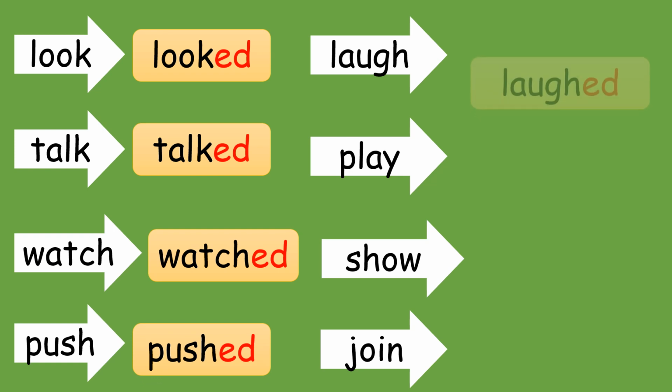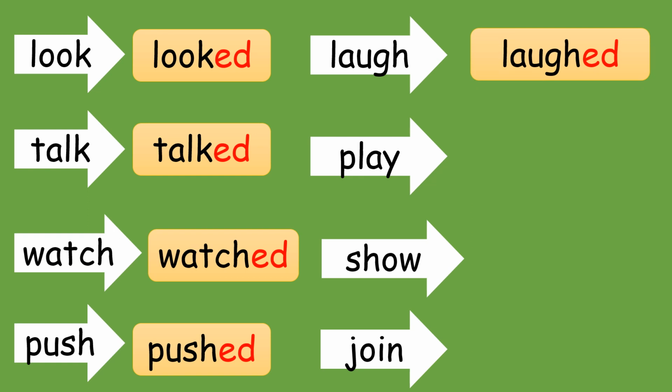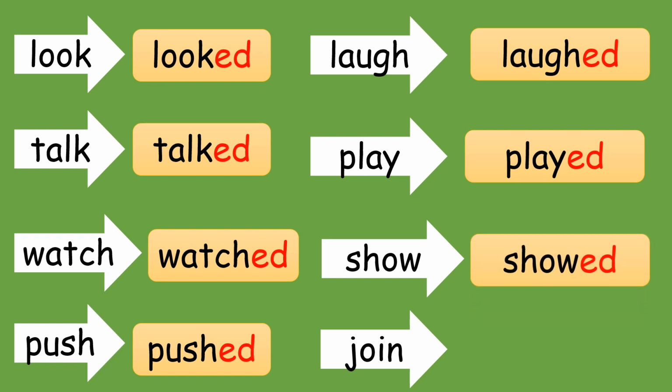Laugh, laughed. Play, played. Show, showed. Join, joined. So if you've noticed, we just add the letters E and D to form the past tense. So these are examples of regular verbs.